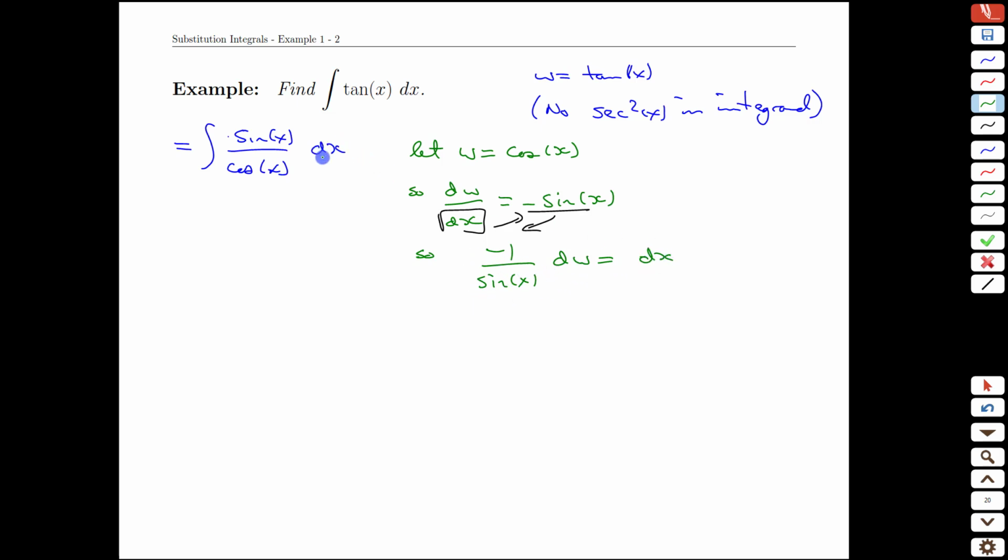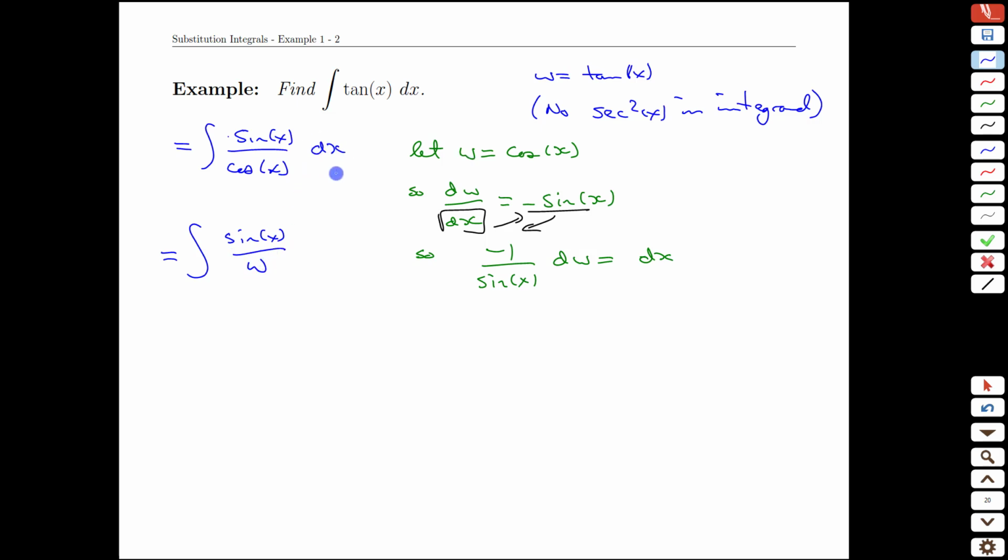And again, look at what's happening as we do that. We're going to replace the dx here with this expression, and that is going to be dividing by the derivative of our w. And that's going to be super handy for us, because when we rewrite our equation, the sine of x stays as is. The cos of x is what we call w, so we're going to rename that w.